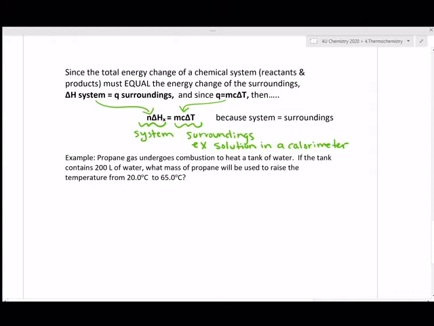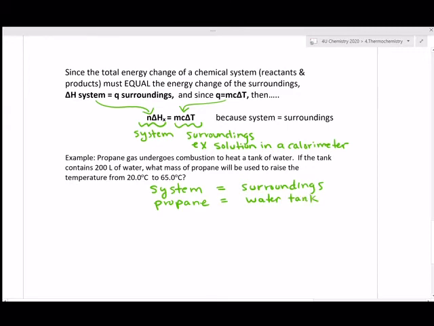And then I've given you various pieces of information, like how much water's in your tank, how much are you heating the water up by, and then the question is, how much propane do you actually need to do that? So how we want to set this up is we want to say the system has to equal the surroundings. Okay, and in this case, the system is the propane and the surroundings is the water tank.